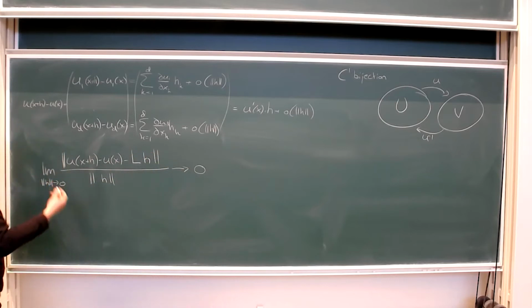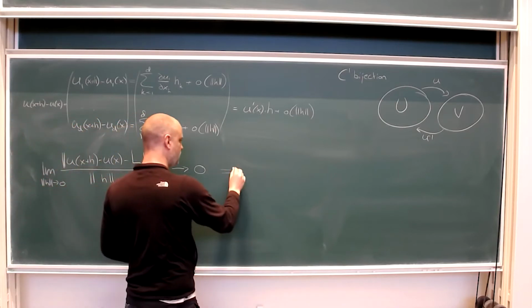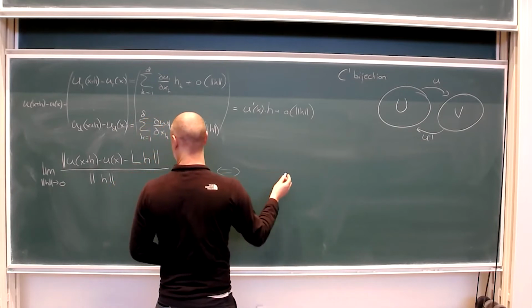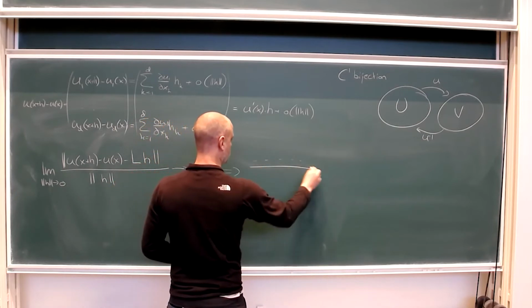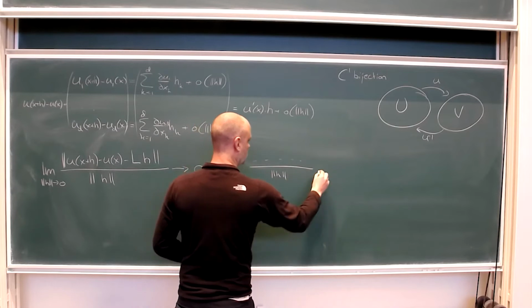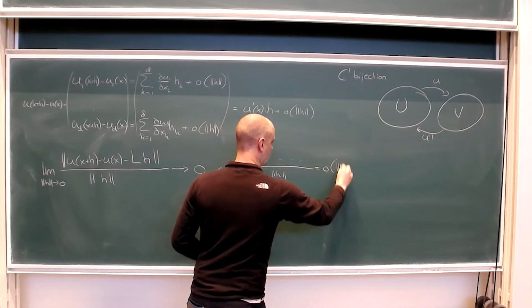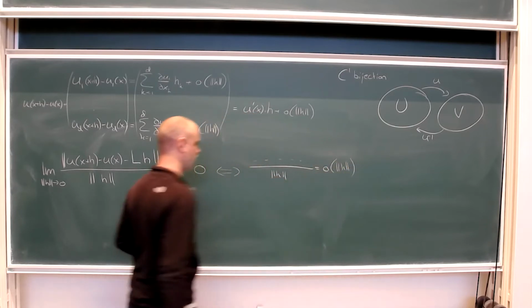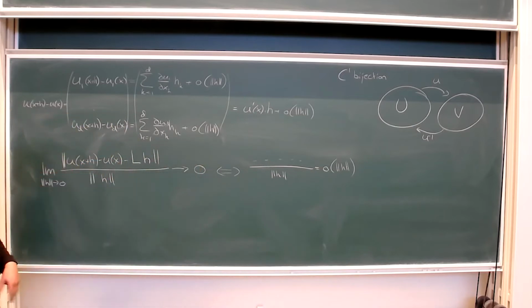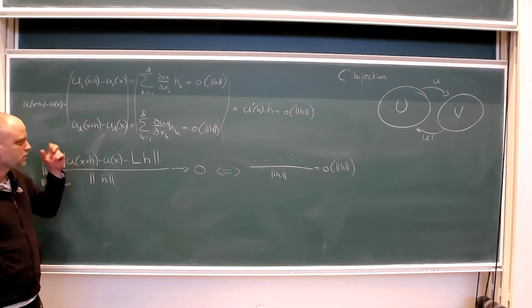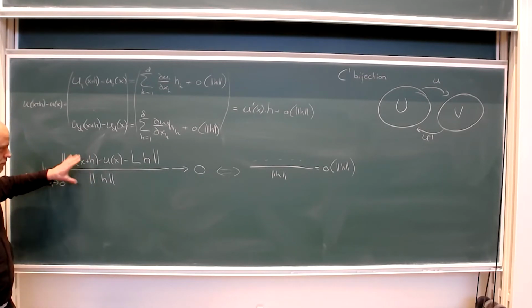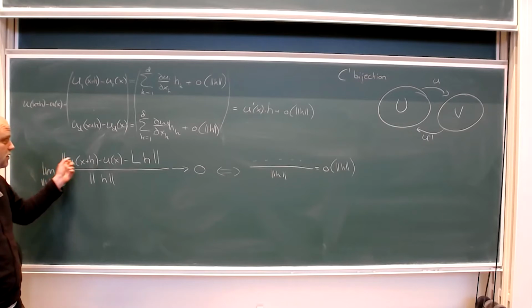So that's equivalent to saying that, another way of writing that, there is o of h. So this is basically the definition of o now in this higher dimensional setting. So this is Fréchet differentiability if you want.